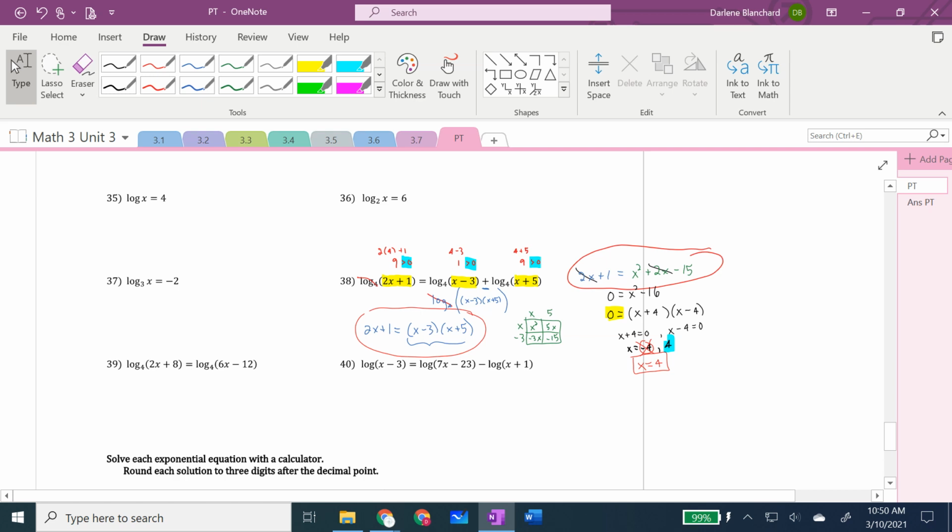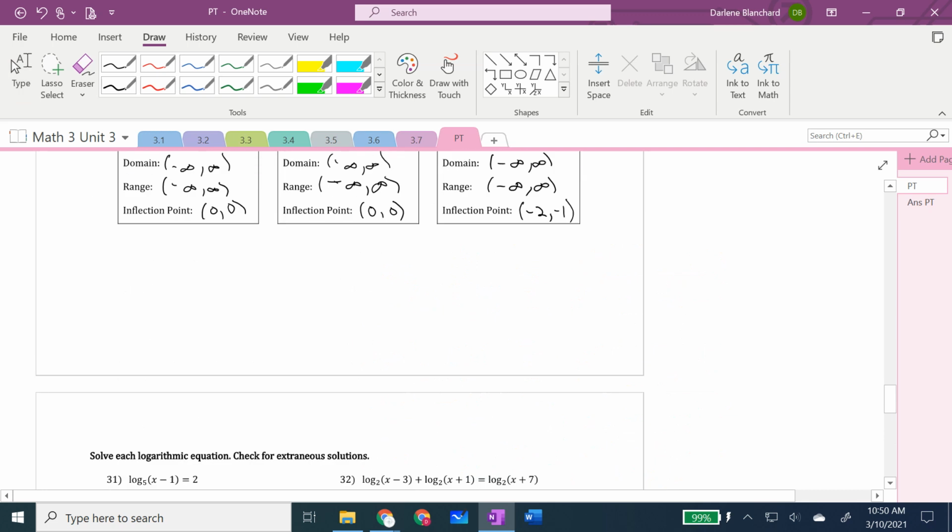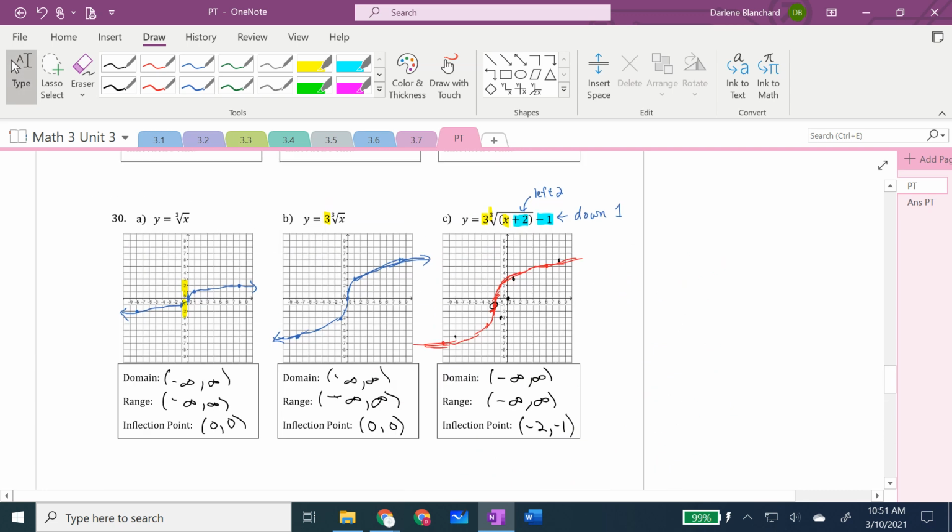Oh, so the translation, it's not going to be like a translation for the graph where it's like +1 or -2 or anything like that. It's going to be like a transformation where you're changing the shape of it. So yeah, and right now I'm still continuing to present.